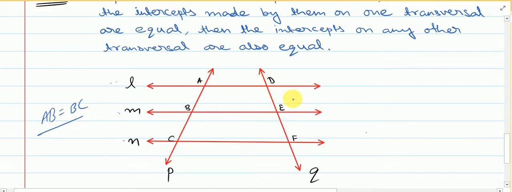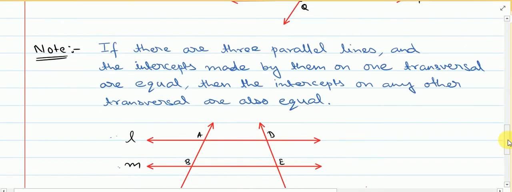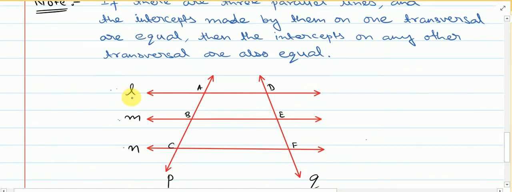if you draw any other transversal, let's say Q, in that case also you will observe that the intercepts are going to be equal. So this is what this theorem is saying. I'll just read it for you. If there are three parallel lines and the intercepts made by them on one transversal are equal, like here you can see the three parallel lines are L, M and N, and one transversal that I have considered is P, and here AB is equal to BC, that means this intercept AB is equal to this intercept BC.